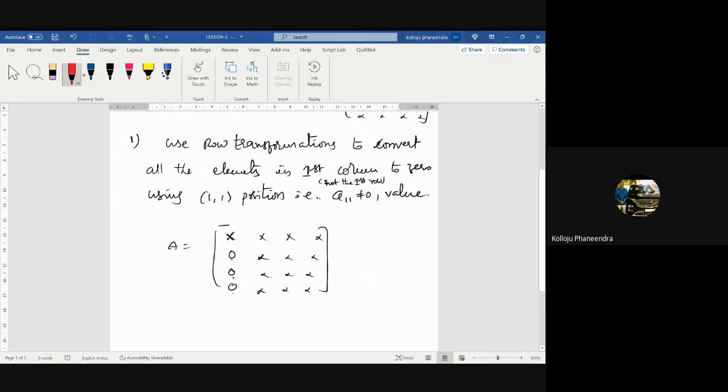Now, in the second step, this is the first non-zero element in the second row. Before the first non-zero element, how many zeros are here? 1. So in the next row, there must be at least 2. So I have to reduce this to 0, this to 0 using this value. This is the next pivot value or key value.